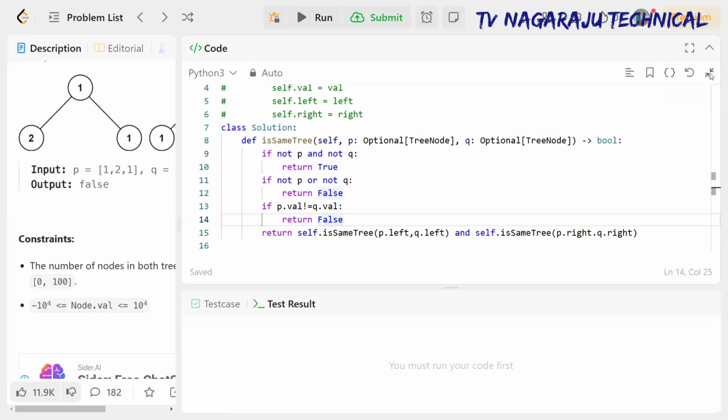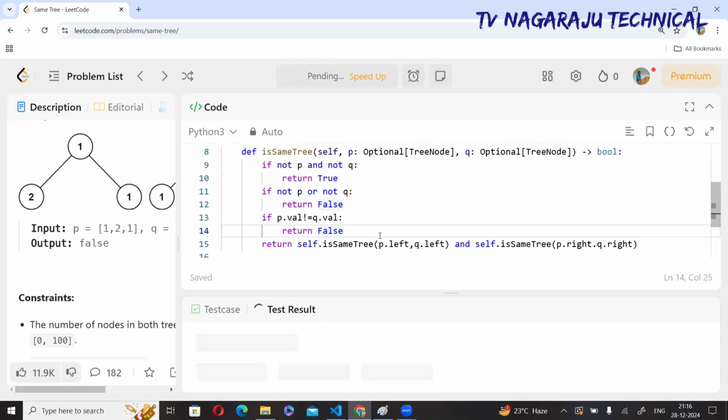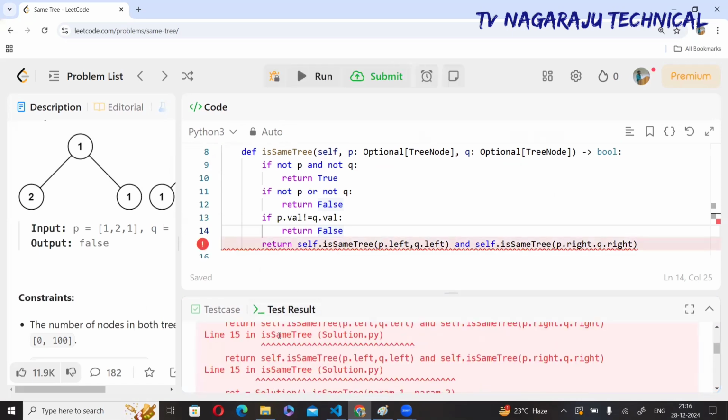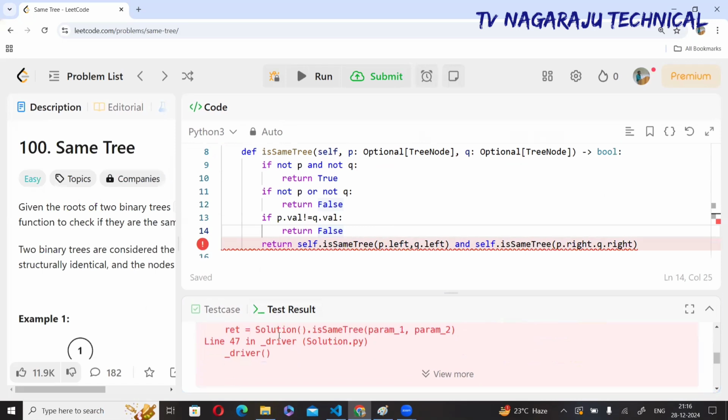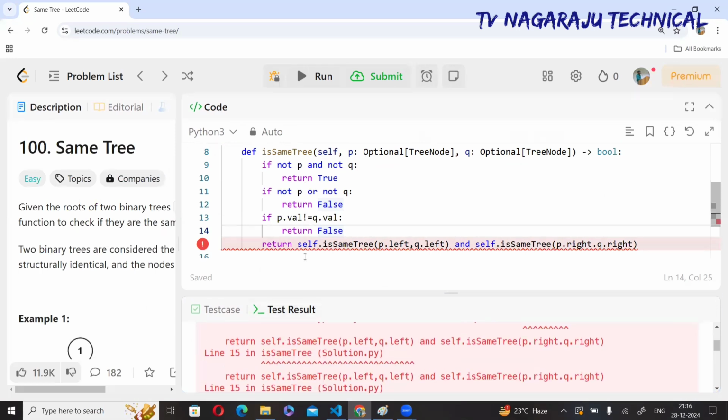Now run this program. It is going to be executed. Got it? You need to verify the structure and at the same time the value. Anyway, we are getting some error. Check the error. What is the error? It should be return self.isSameTree of p.left, q.left.